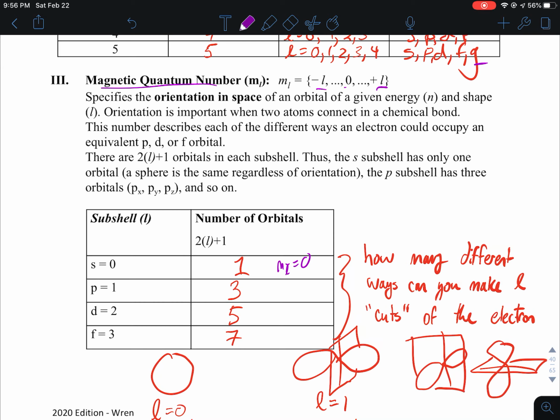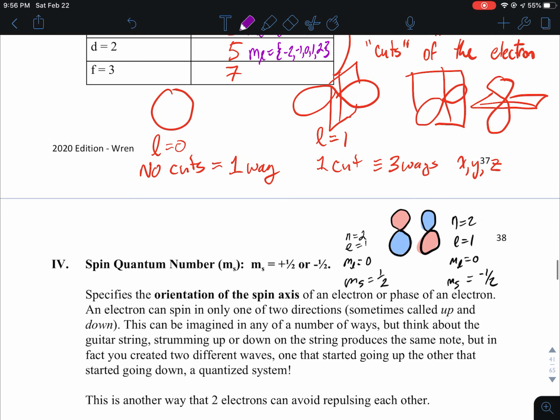If we're in a p orbital, then ML is equal to -1, 0, and 1. If we're talking about a d orbital, then ML would be anything from -2 to -1 to 0 to 1 to 2. And this is where the 5 orbitals come from. And you can continue that to f. That seems like a lot.